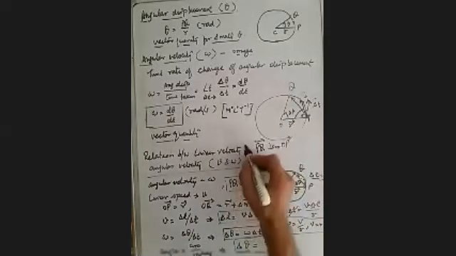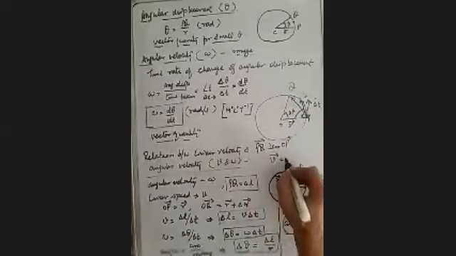So that means PQ becomes tangent to the circle at point P. So that is the direction of linear velocity. Linear velocity is always along the tangent to the circle or the circular path at a given point.